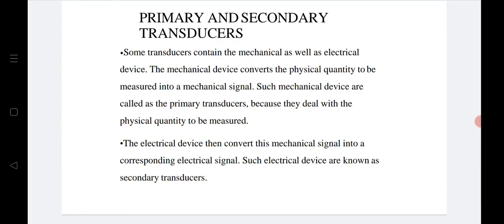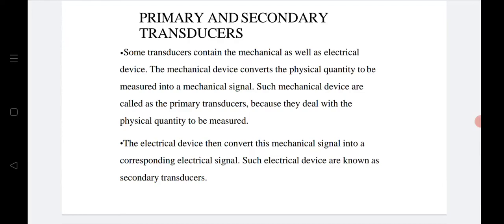In that type of transducer, the mechanical device converts the physical quantity to be measured into a mechanical signal. So a transducer having electrical devices as well as mechanical devices, what does the mechanical device do? It converts the physical quantity into a mechanical signal.